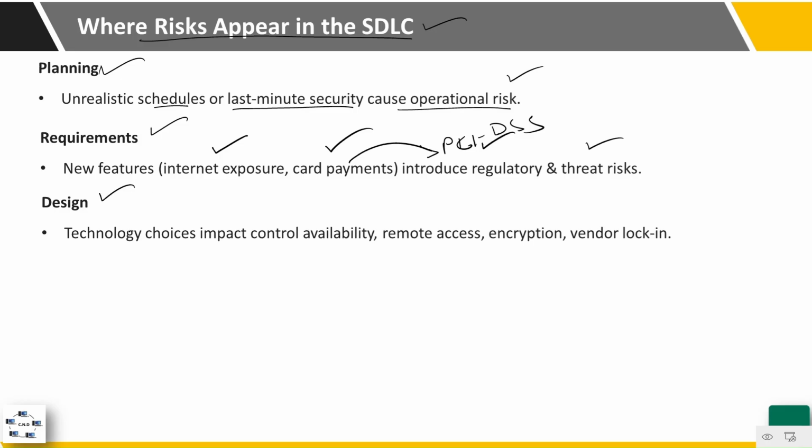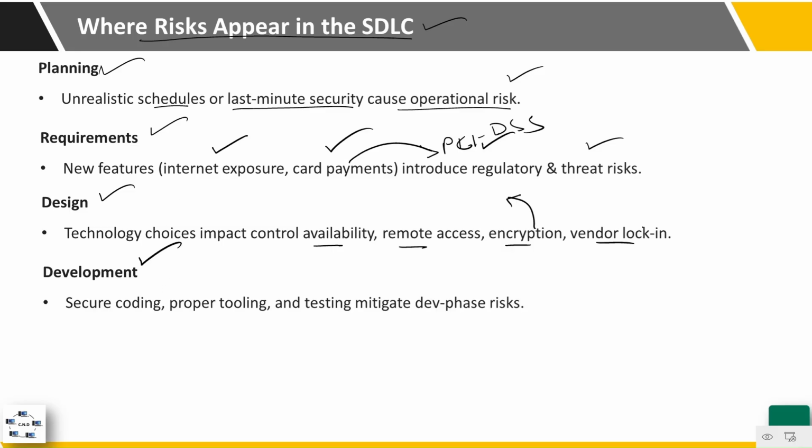During the design phase, technology choices impact control, availability, remote access, encryption, and vendor lock-in. For example, if some technologies chosen are very vendor specific, we may be locked in with that vendor for that specific technology. Another example is that the choice of design may lead to limited encryption availability, and similarly with remote access as well as availability.